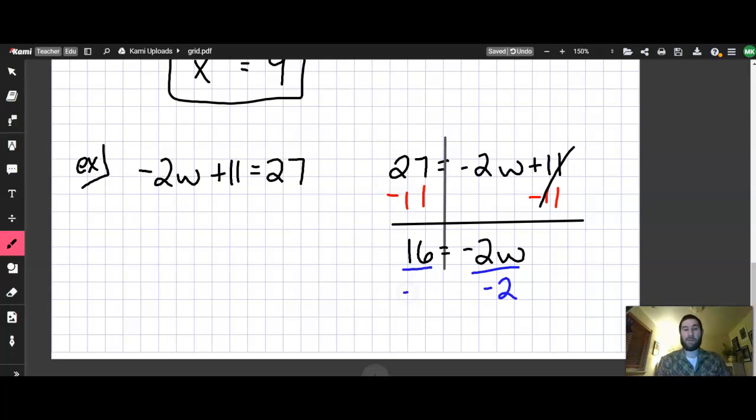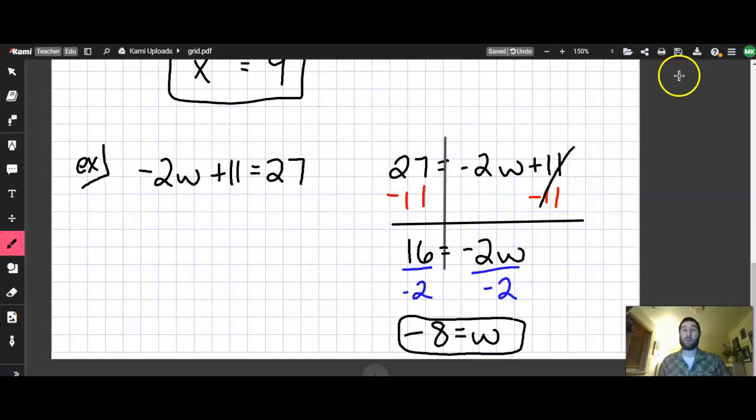So 16 divided by negative 2 is negative 8. A positive divided by a negative is a negative. 16 divided by 2 is 8. So our value of w is equal to negative 8.